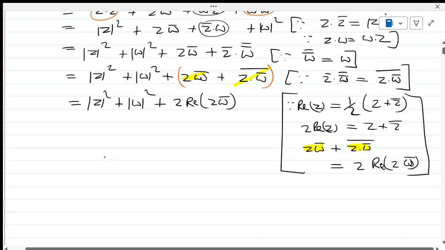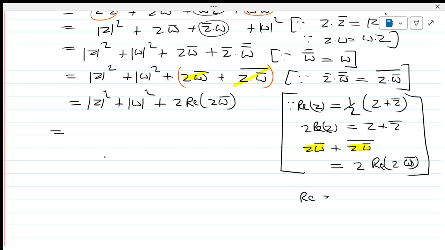And after having that, now what we go next to is the real part of z. The real part of a complex number z will always be either equal to or lesser than the absolute value of z. So with this property we can create an inequality.